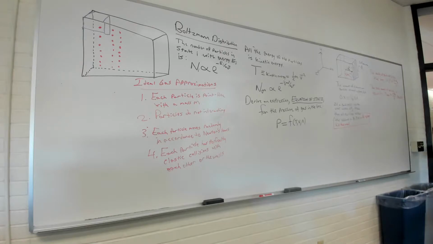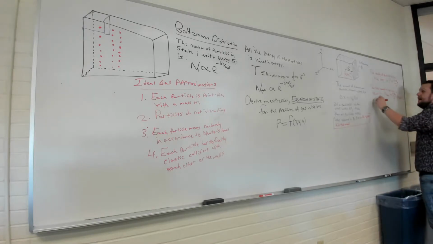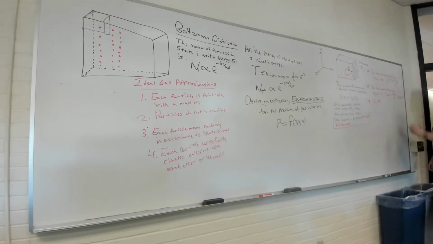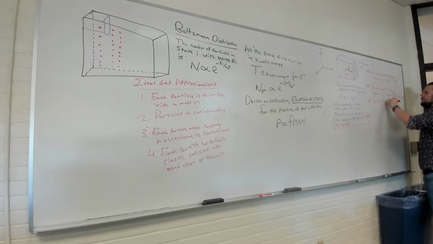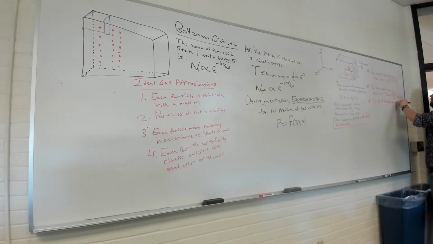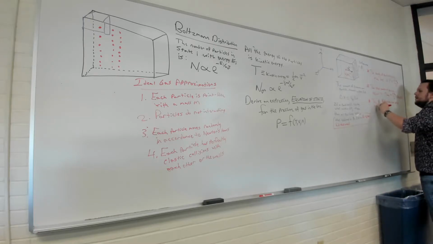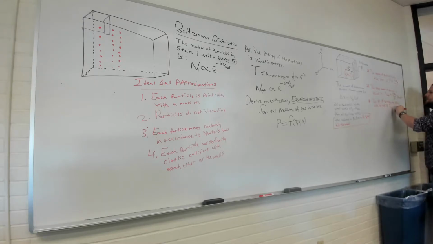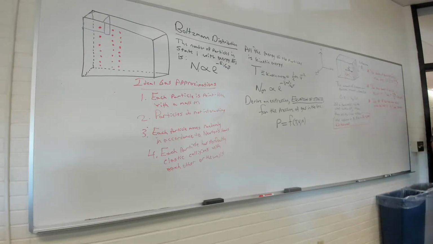So the number of particles that collide with the wall is 1/2 n, because half are moving the opposite way because of randomness.